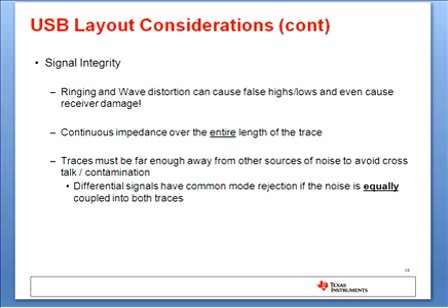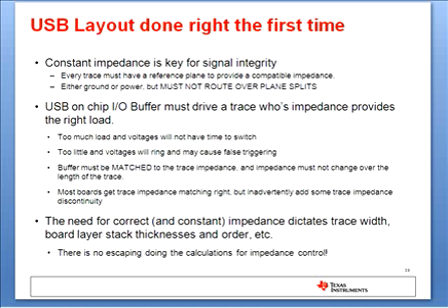If noise couples onto one trace and not the other, the difference between the voltage levels will be skewed. One way to ensure constant impedance across the entire trace length of both differential pairs is to reference both of the traces to a plane layer. It's okay for the plane layer to be either power or ground, but traces should never route across plane splits.